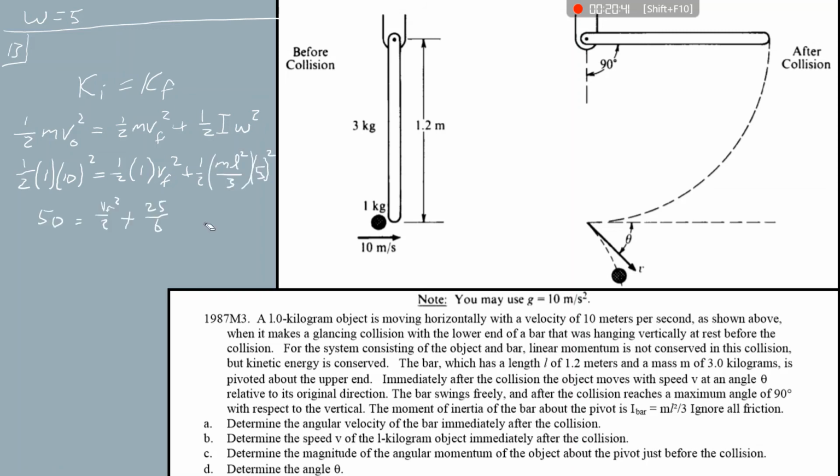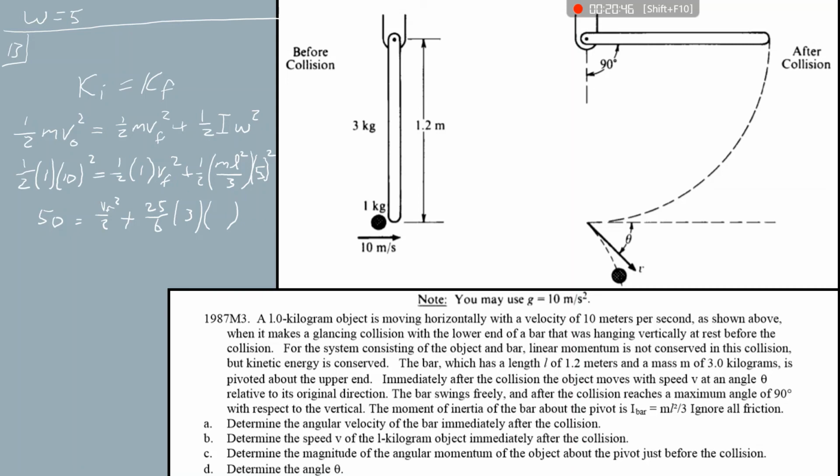What's the mass of the bar? That's 3 and then length is 1.2. Okay, I'm going to write that as 6/5. 1.2 squared is 1.44, but it's better to keep this in fraction form, I think. So that'll be easier for us to do by hand. Okay, so I've got 6/5.